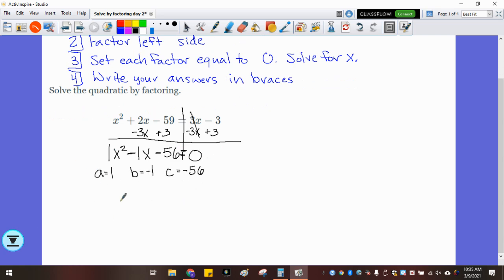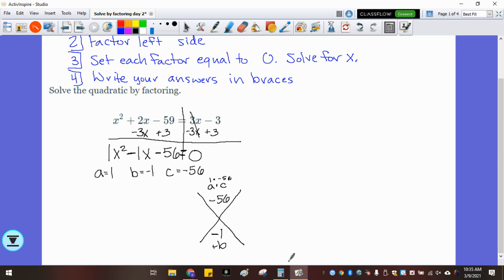All right, since A is 1, you can skip the box method. I said this yesterday, so if you weren't here, that's what I said yesterday. You can skip the box method and just do your X. A times C adds to B. So A is 1, C is negative 56, and B is negative 1.